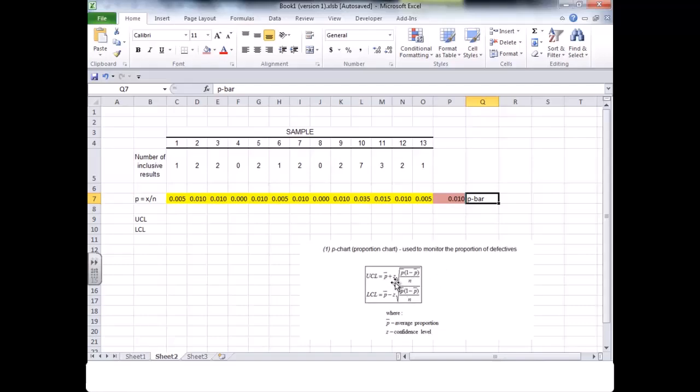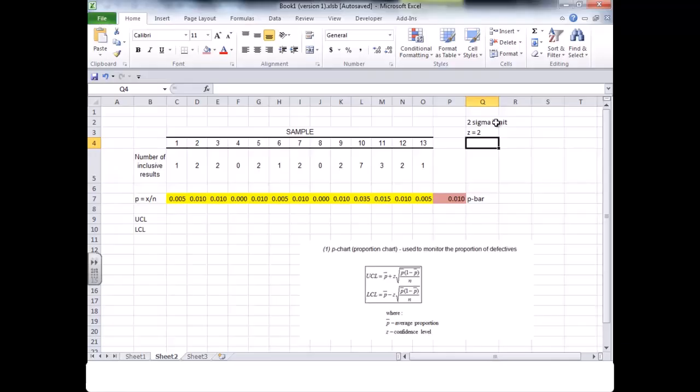Oh, the Z value here, the Z score? Well, the problem says compute a 2 sigma limit. When it says 2 sigma limit, this actually means Z is equal to 2, or 2 standard deviations above and below the mean.